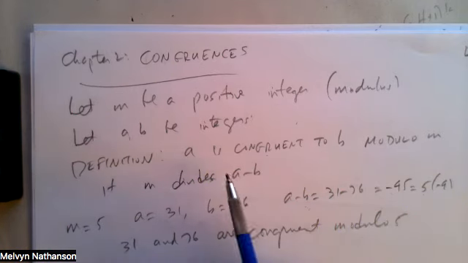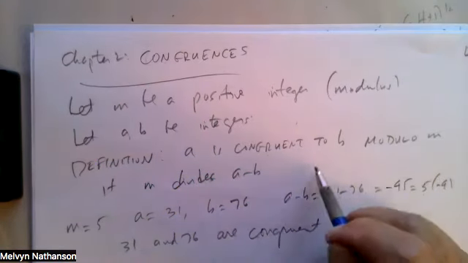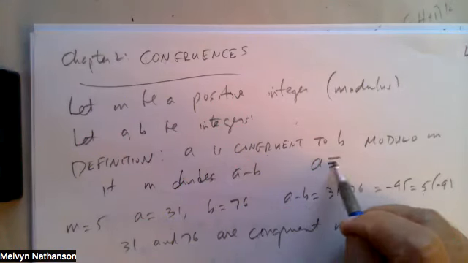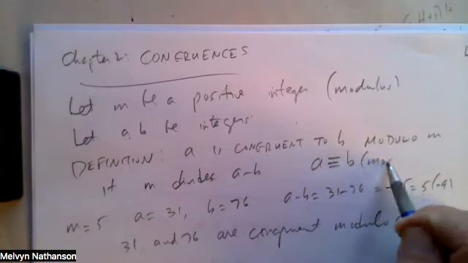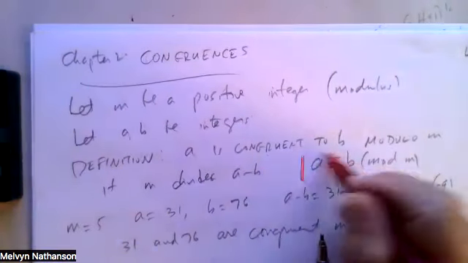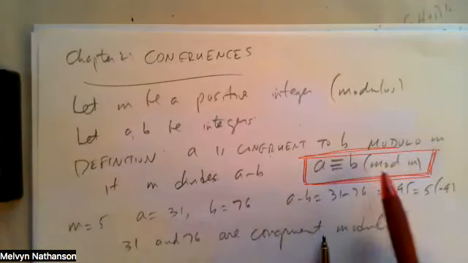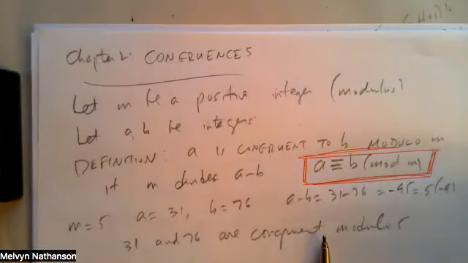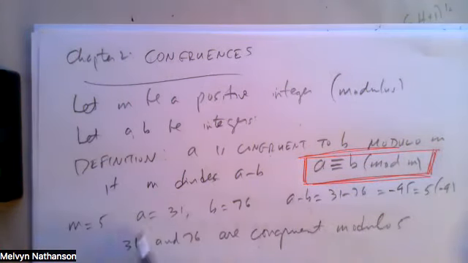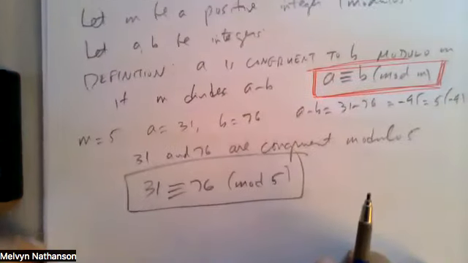And the notation that we use, a congruent to b mod m, is a, three lines, b, in parentheses, mod m. This means that m divides the difference a minus b. So this just shows that 31 is congruent to 76 mod 5. Okay.